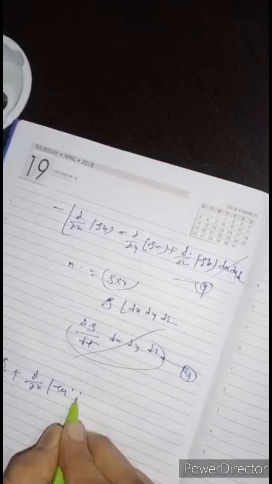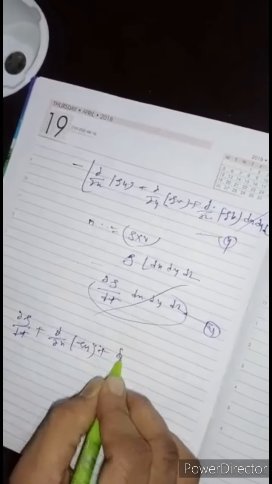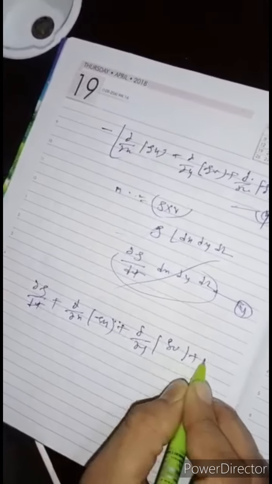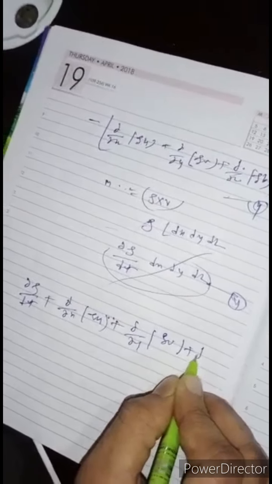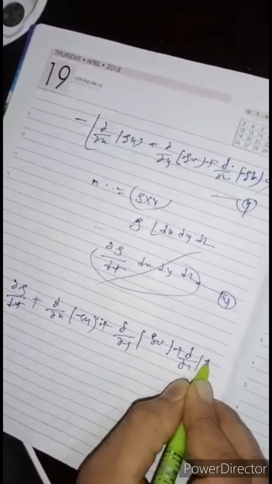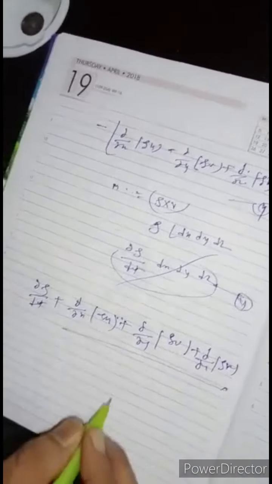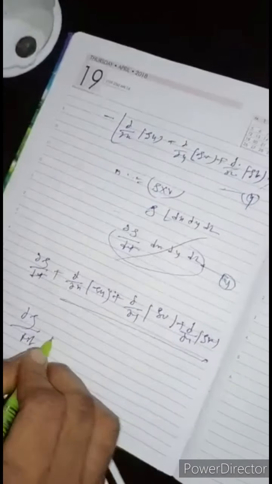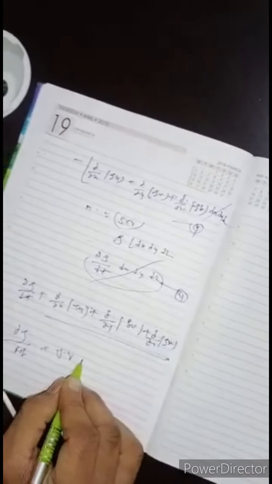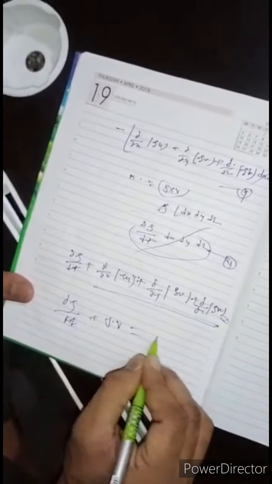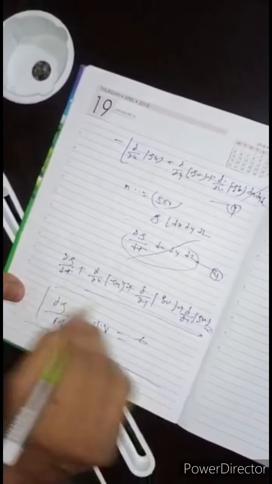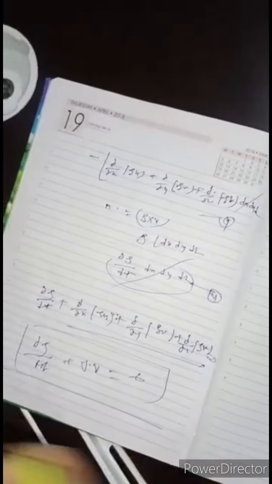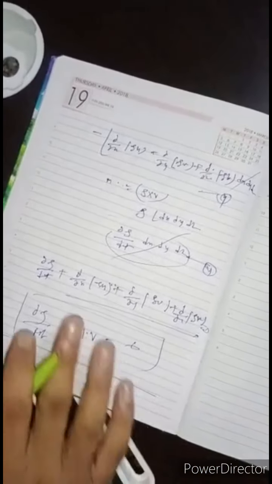We can write this as d rho by dt plus del dot rho V, the divergence, is equal to 0. In that way we are going to compute the velocity profile and whatever is needed.